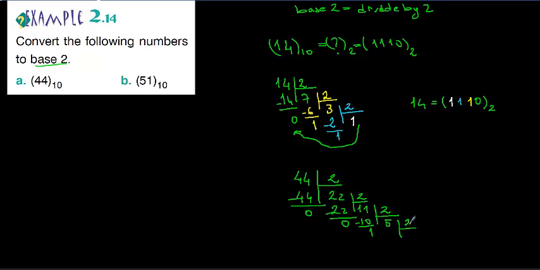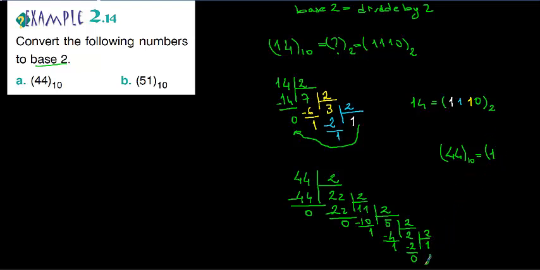5 divided by 2, the result is 2. 2 times 2 is equal to 4. The remainder is 1. And 2 divided by 2 is equal to 1. 1 times 2 is equal to 2, and the remainder is 0. So 44 in base 10 is equal to 1.